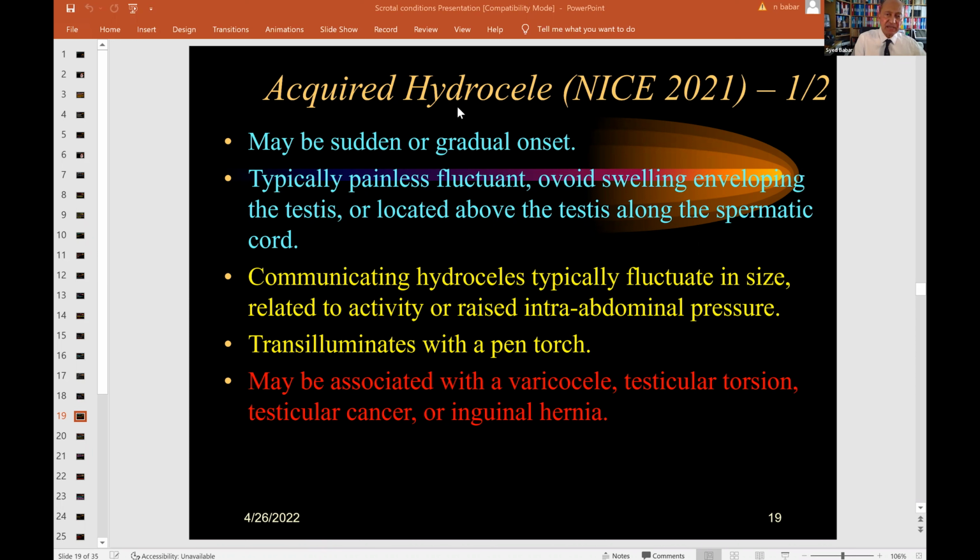Quite often, acquired hydrocele is also associated with varicocele. It is also associated with testicular torsion, testicular cancer, or inguinal hernia.